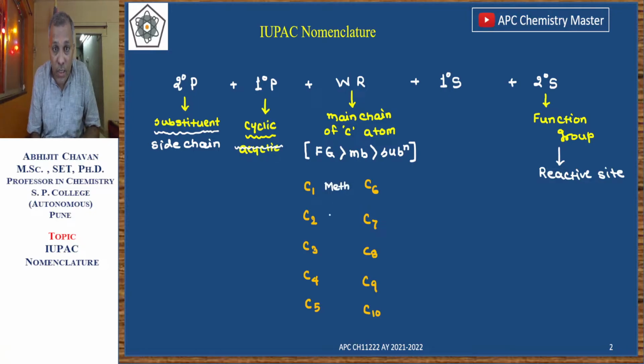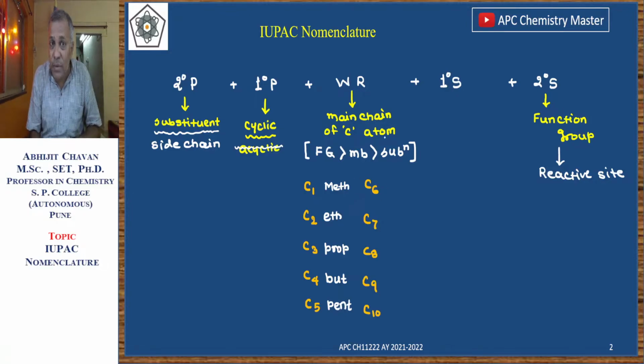If there are 2 carbon atoms, we use the word root eth. If there are 3 carbon atoms, we use prop. If there are 4, we use but. If there are 5, we use pent.